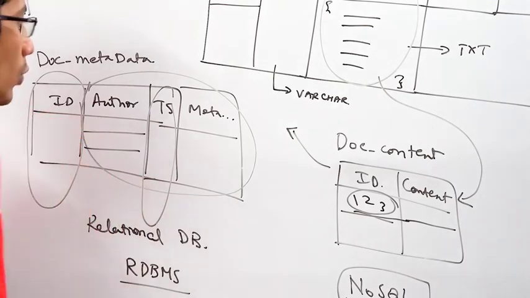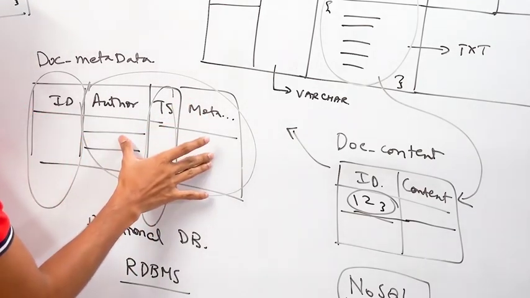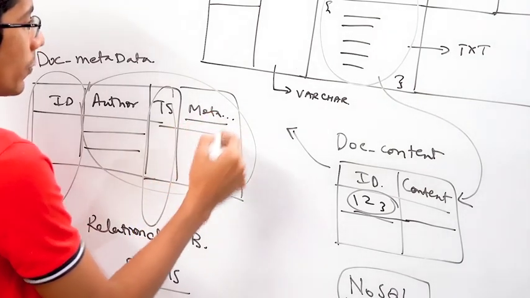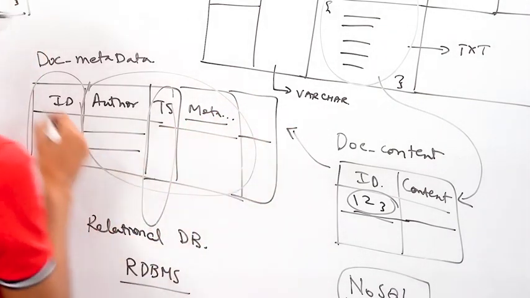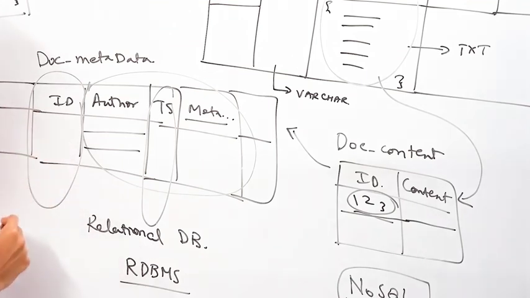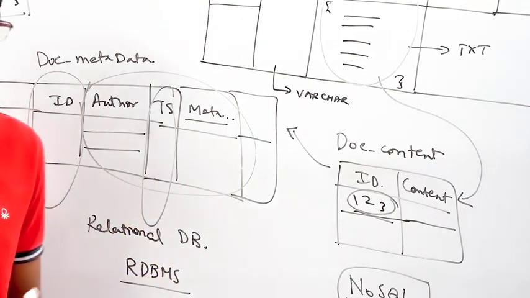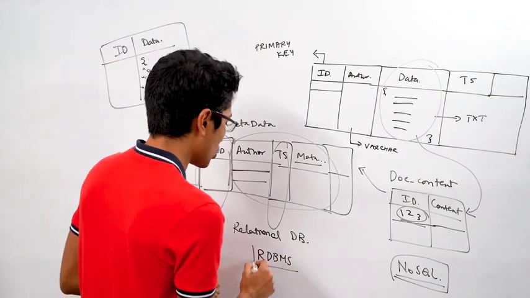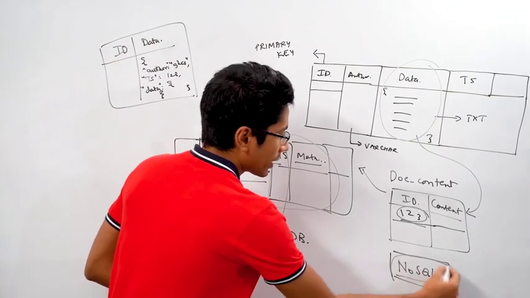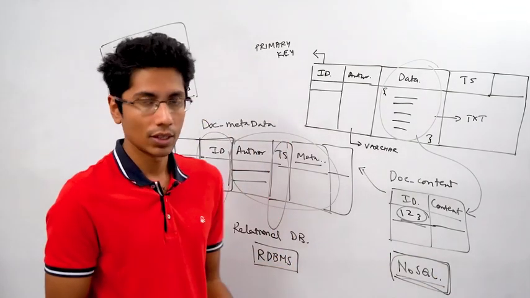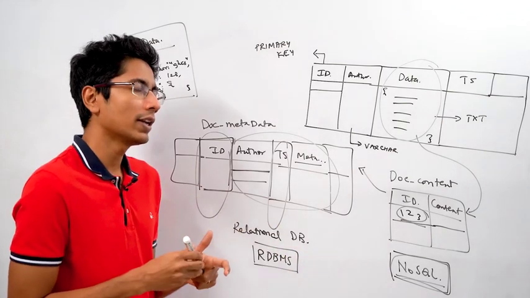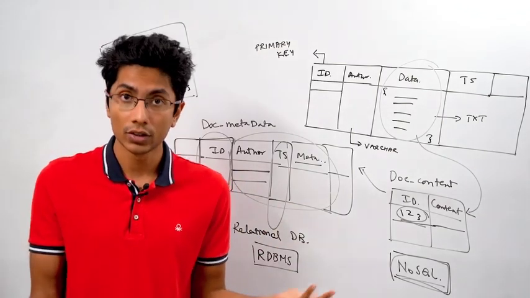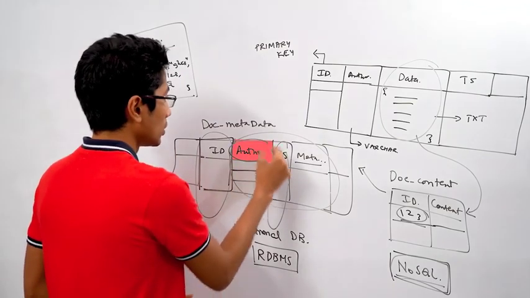More often than not, what happens is this table has a lot of alter queries. Firstly, the metadata is hard to fix. You're always going to have something or the other that we have forgotten. So there's going to be an alter table query command required that time. And the other problem, which is a much bigger problem, is you're going to have eventually some sort of joins on the NoSQL database and the relational database. For example, let's say that you want to find the last 10 documents that you have created. So this is based on author, right?